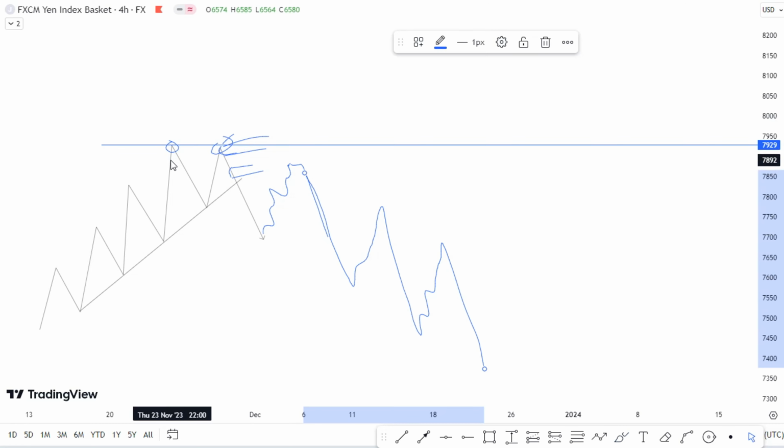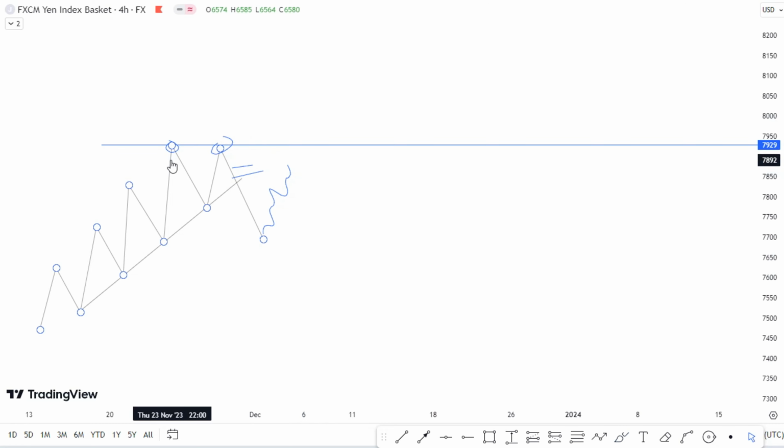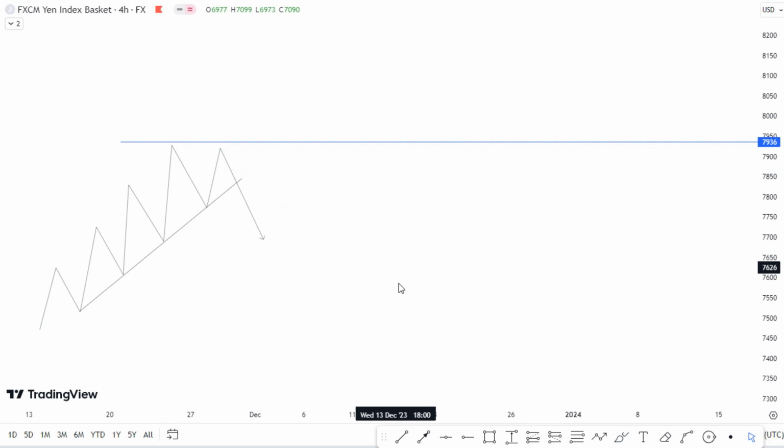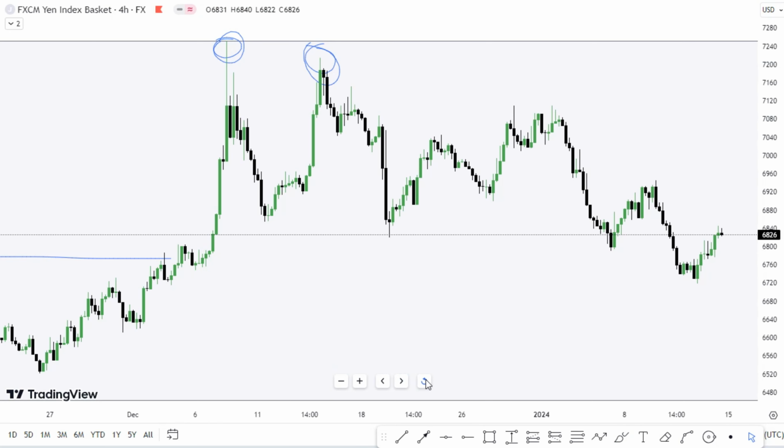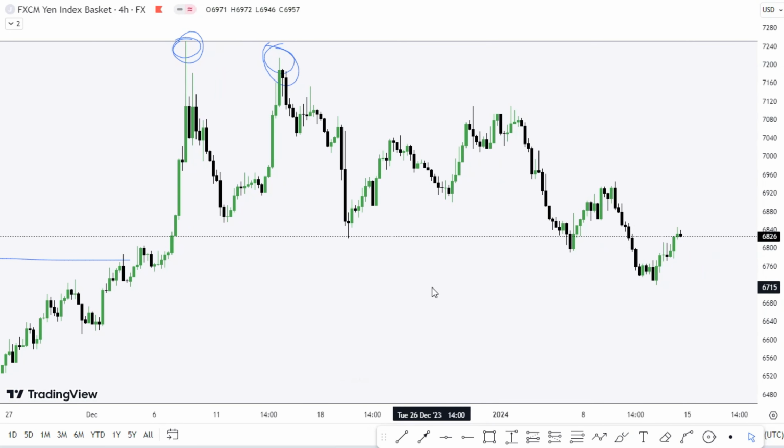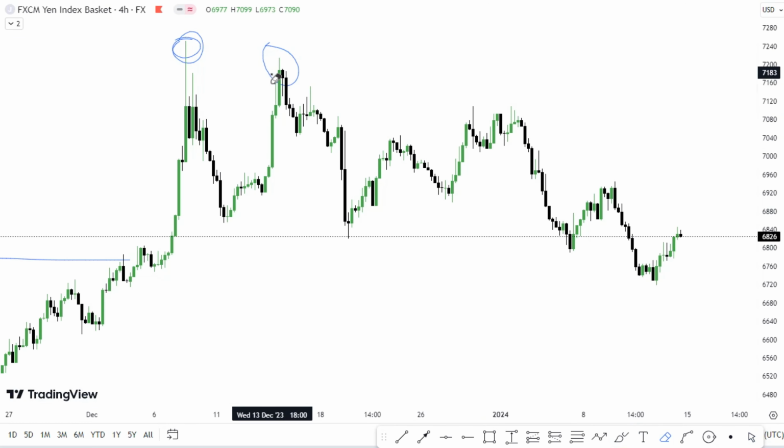Referring back onto our live chart, after the formation of the double top around these areas here, we saw that we had this really impulsive movement which occurred around here. I'll keep my chart clean.